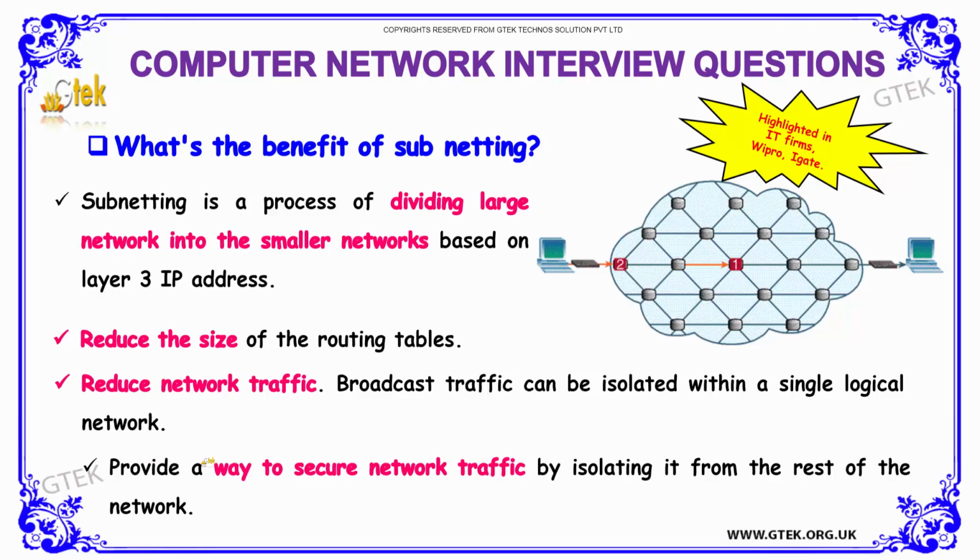So this provides a way to secure network traffic by isolating it from the rest of the network. So you have a secure network by using your subnet. These patterns of questions are highlighted in interviews of Wipro and iGate.